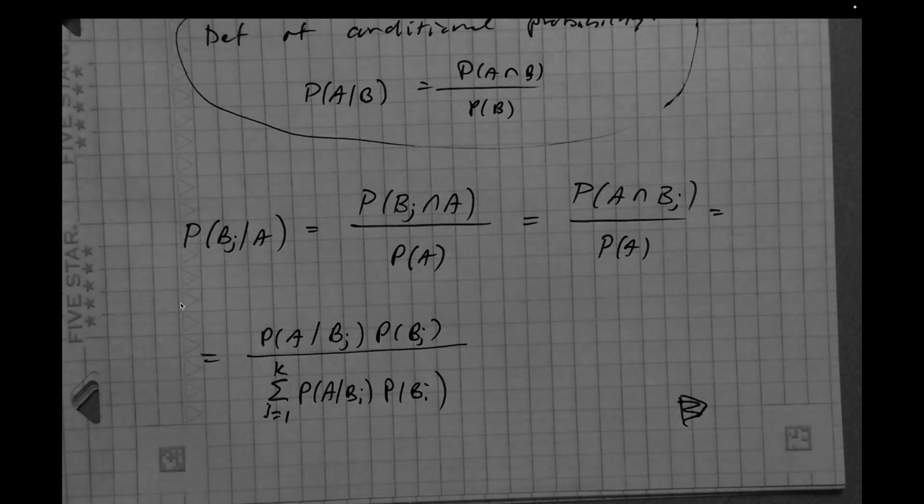Let's do some examples using it so we can see the usefulness, because this is a very powerful theorem and it's extremely useful. I'll read the examples first and then we'll write them out and digest them. A certain disease affects 1% of the population.